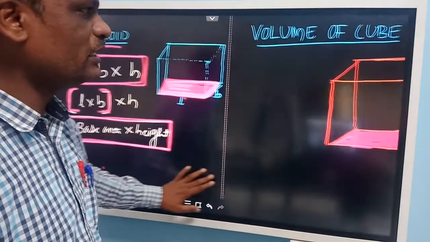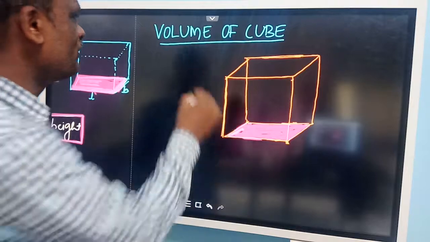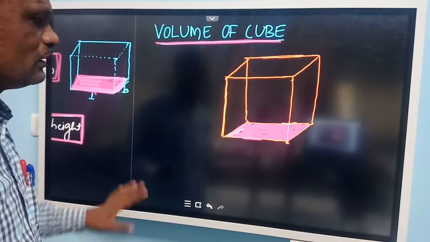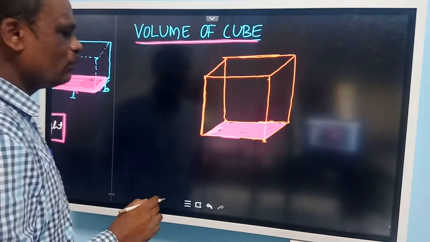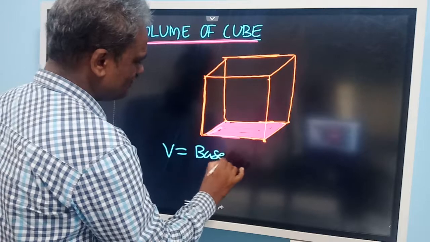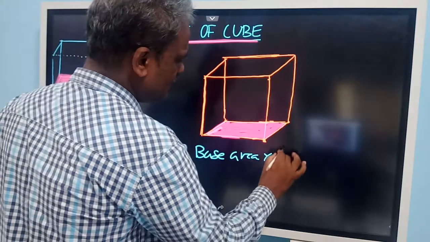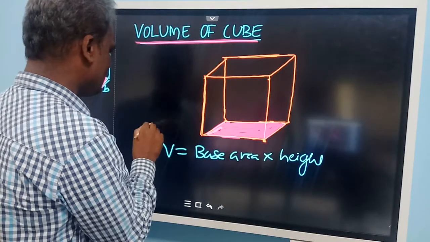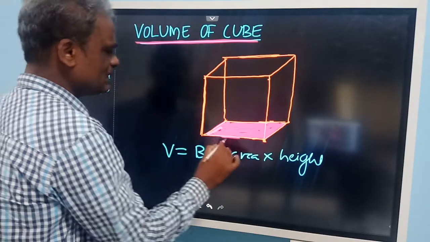Now let us go to another important solid, the cube. Volume of a cube: use the same formula, volume is equal to base area into height. Let us take each edge as L units.